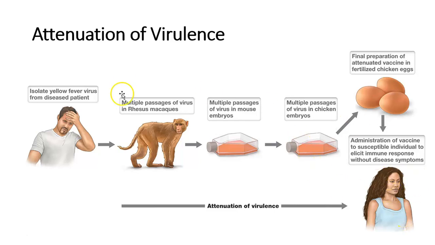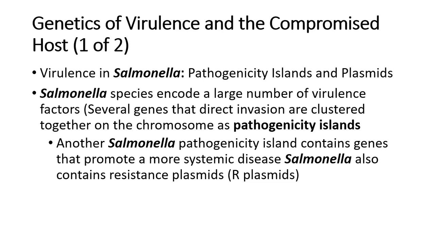They'll be able to fight it because they know how to fight it. We don't make these anymore like this, but it's just an example of how they used to make the yellow fever vaccine in the past. Now we have more biotechnology methods of doing this, but initially this is what we did. Okay. All right.